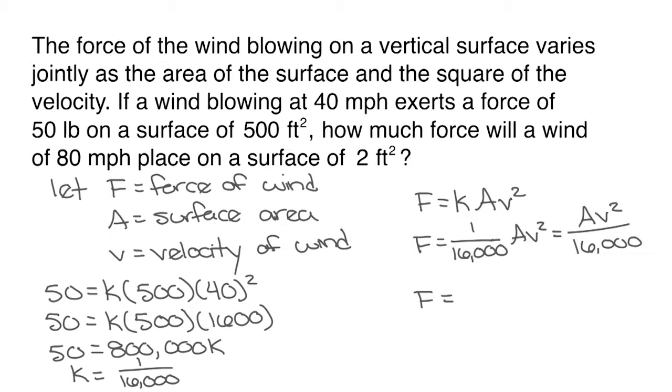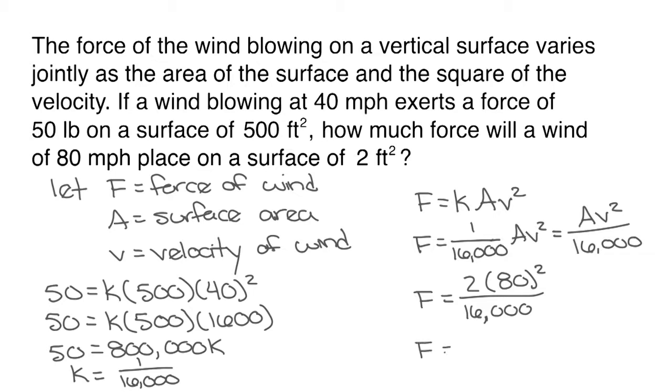So we have F is equal to 2 times 80 squared divided by 16,000. 80 squared is 6,400 times 2 is 12,800.